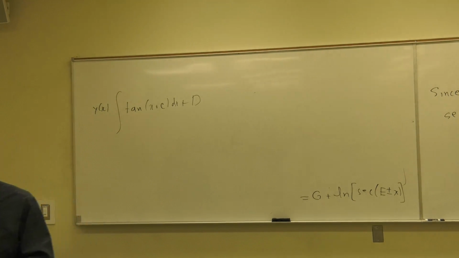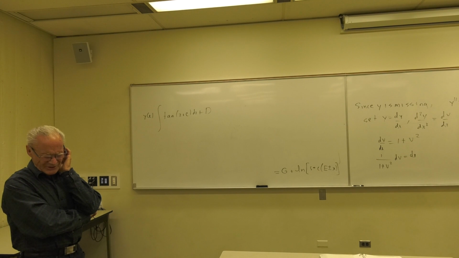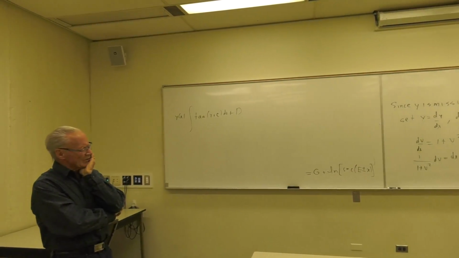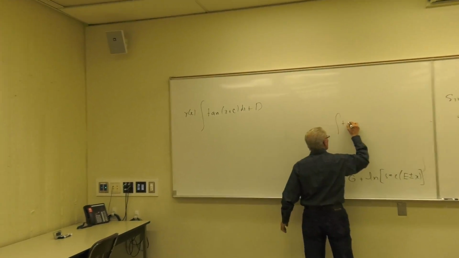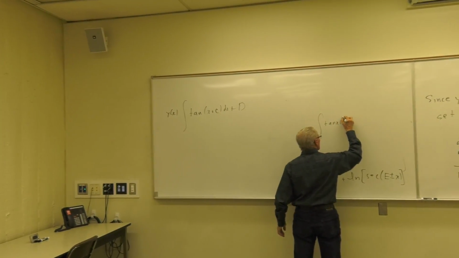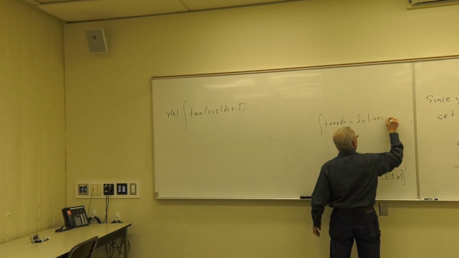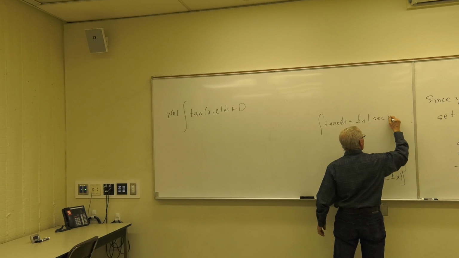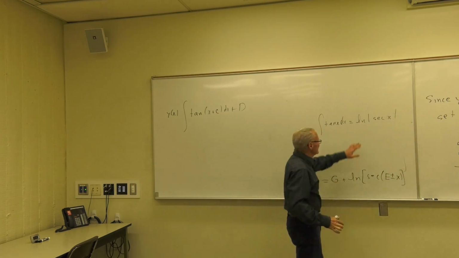Antiderivative of tan, first year. What is the antiderivative of tan x? Was it not the logarithm of the absolute value of the secant of x? Is that not what it was in first year? Or was it cosine? Let's differentiate that.